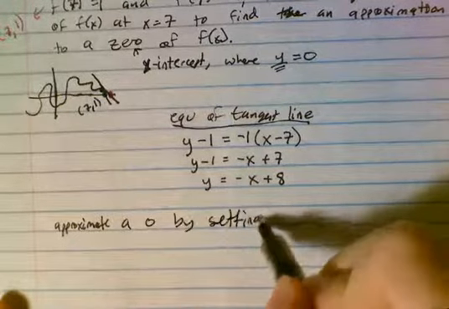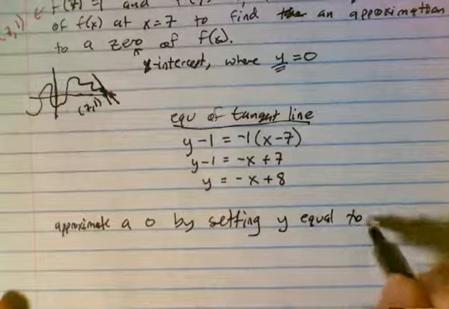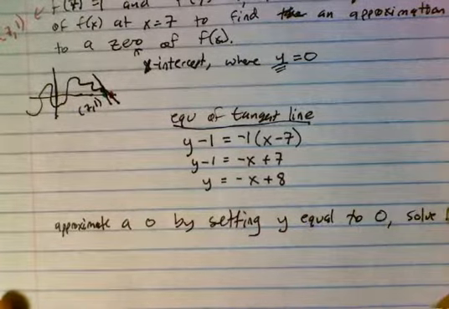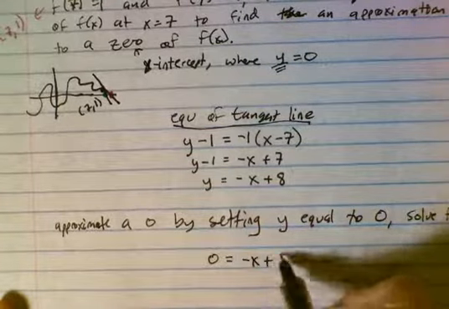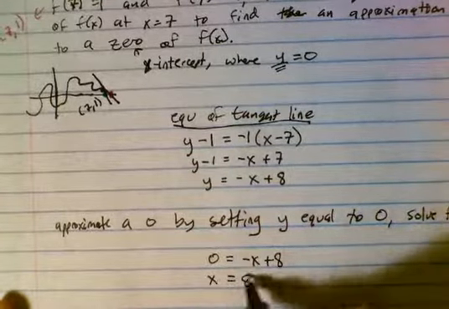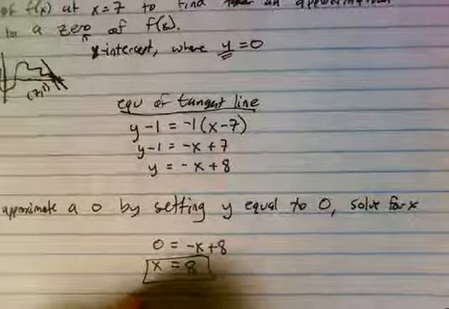We're going to set y equal to 0. So 0 equals negative x plus 8. There we go. That's our approximation of the 0.